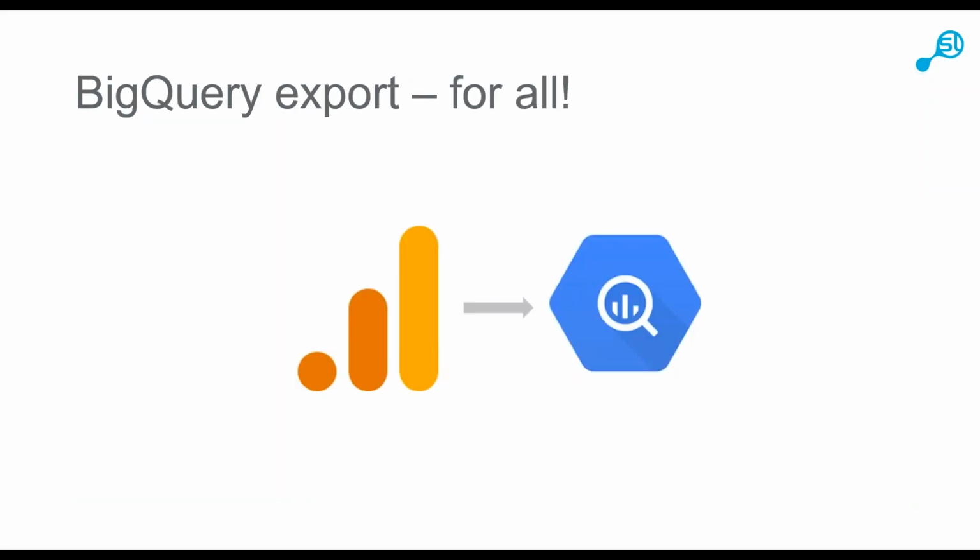Another massive feature is the ability to extract hit level data into BigQuery. You can do this for your standard accounts or your 360 accounts. Currently you can do this only with Google Analytics 360. For those that don't know, BigQuery is Google's cloud-based data warehouse solution. Once that data is in there, you can do what you want with it.